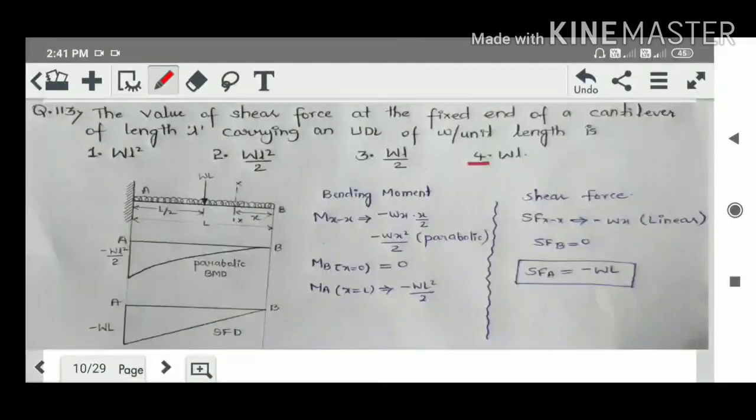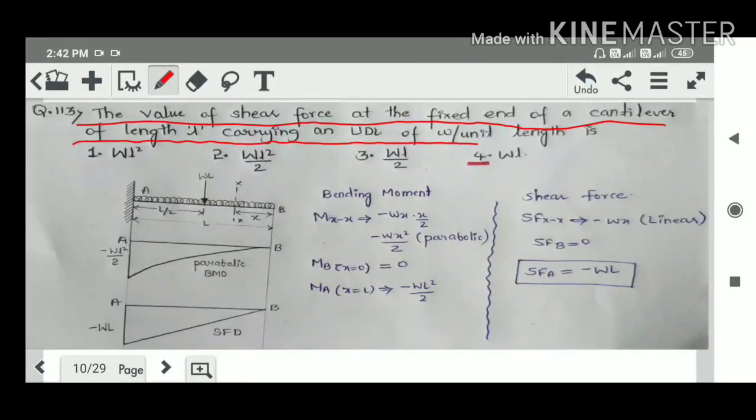Let's move on to question number 113. The value of the shear force at the fixed end of a cantilever of length L carrying a UDL of W per unit length is, and the options are WL square by 2, WL by 2, WL. Okay friends, as you can see here, I have completely solved this problem.